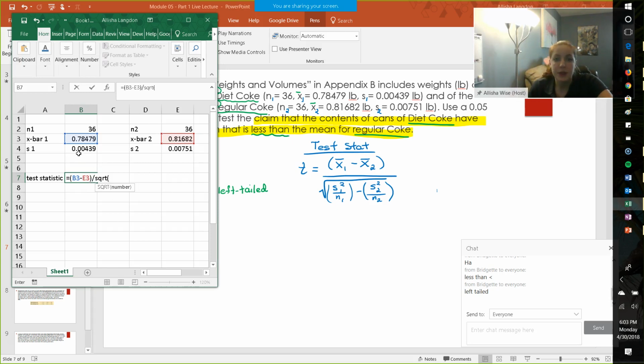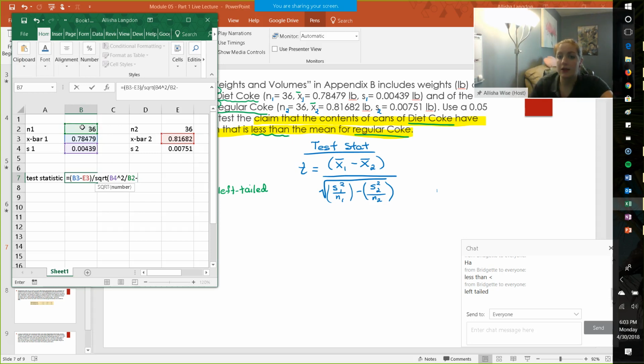Instead, we're going to choose s sub 1, this number right here, and square it. This is the Shift 6 button. Shift 6 gives you an up arrow, which indicates an exponent, so you're multiplying it by itself. Then we're going to divide by n1. So I'm going to grab n1 up here.